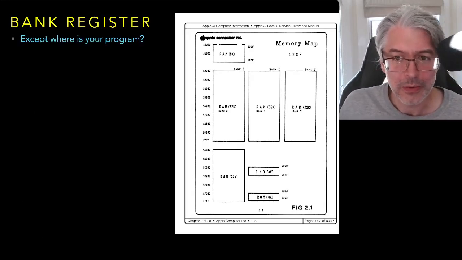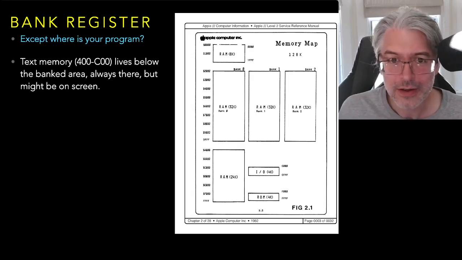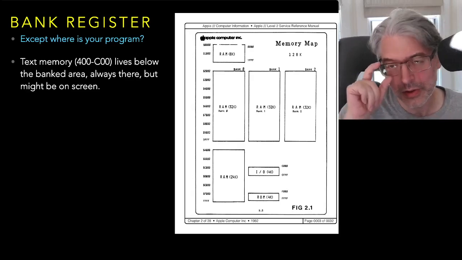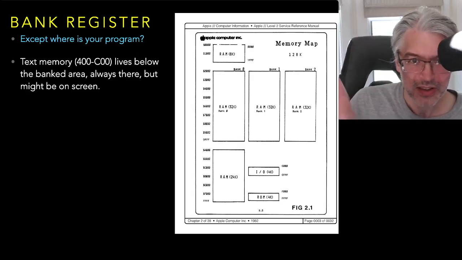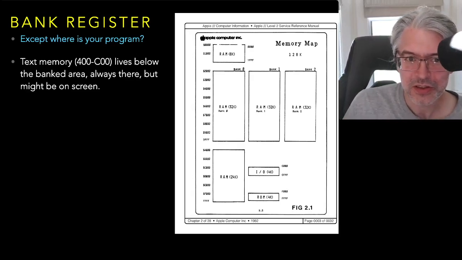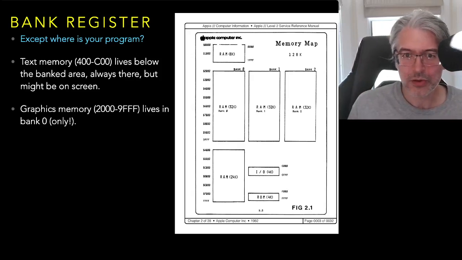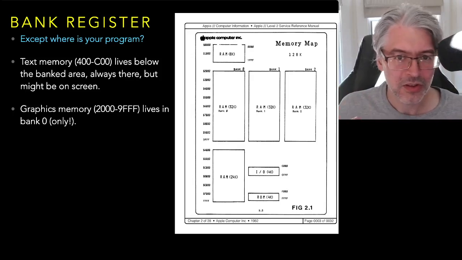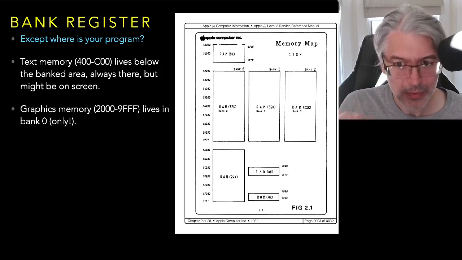Problem is, where is your program? So the text memory lives from 400 to C100. There's stacks and 0 pages and stuff that's also down there below 2000. The graphics memory lives in 2000 to 9FFF in bank 0 only.